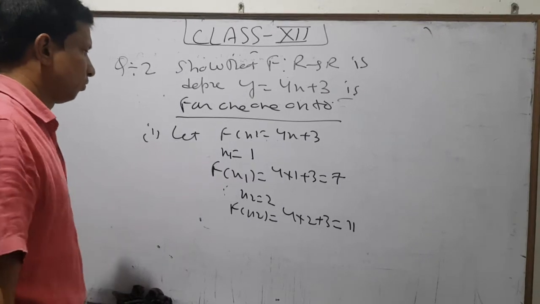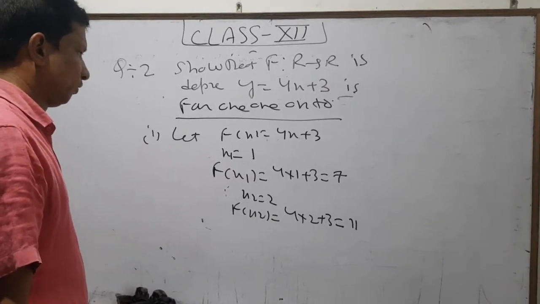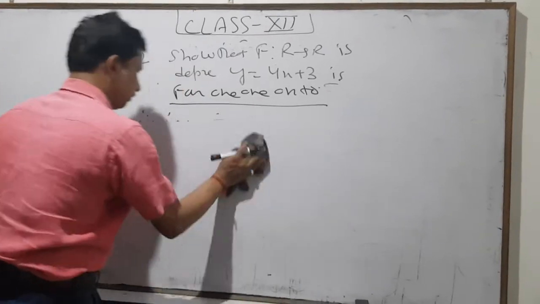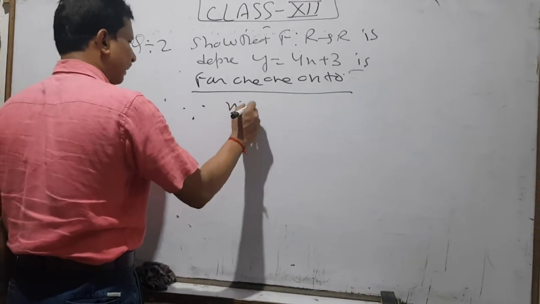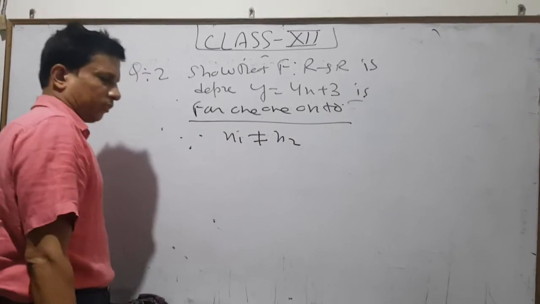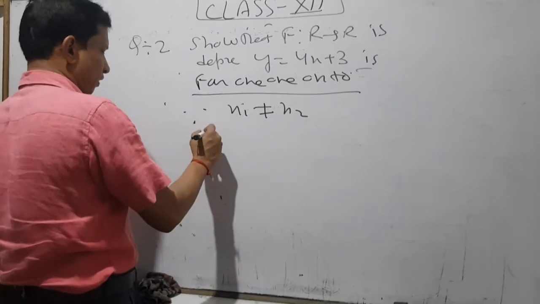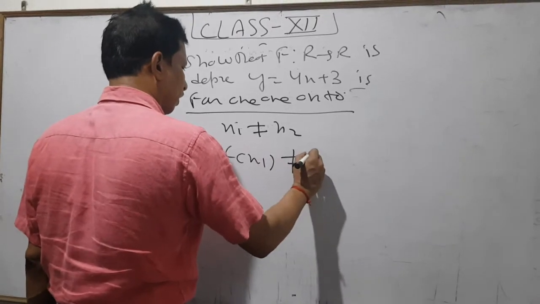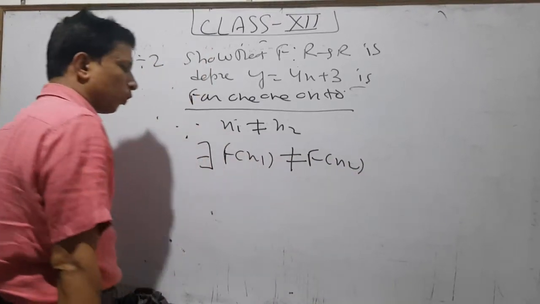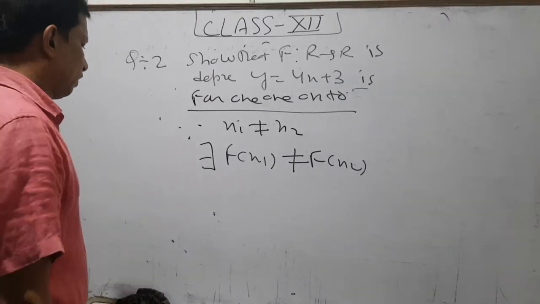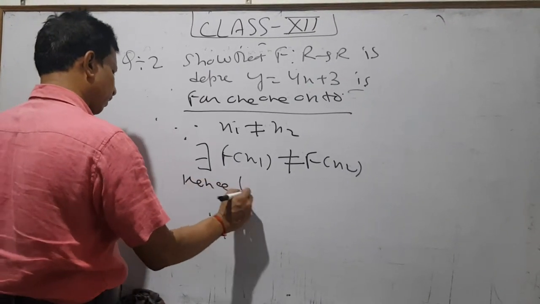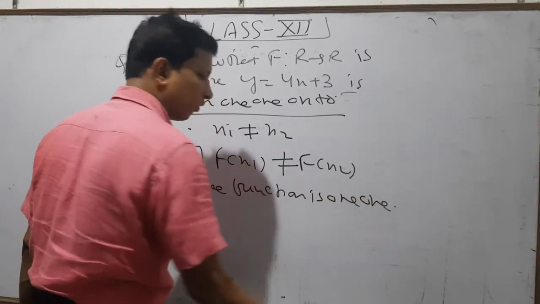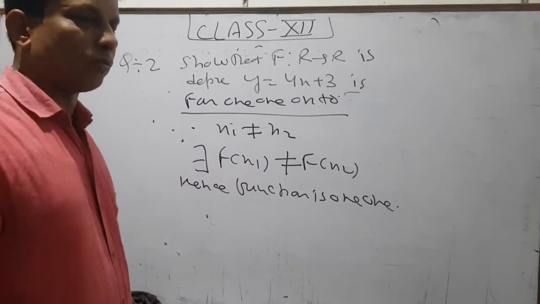Note down this. Since x1 is not equal to x2, f(x1) is also not equal to f(x2). Hence, the function is one-one. Note down this one.